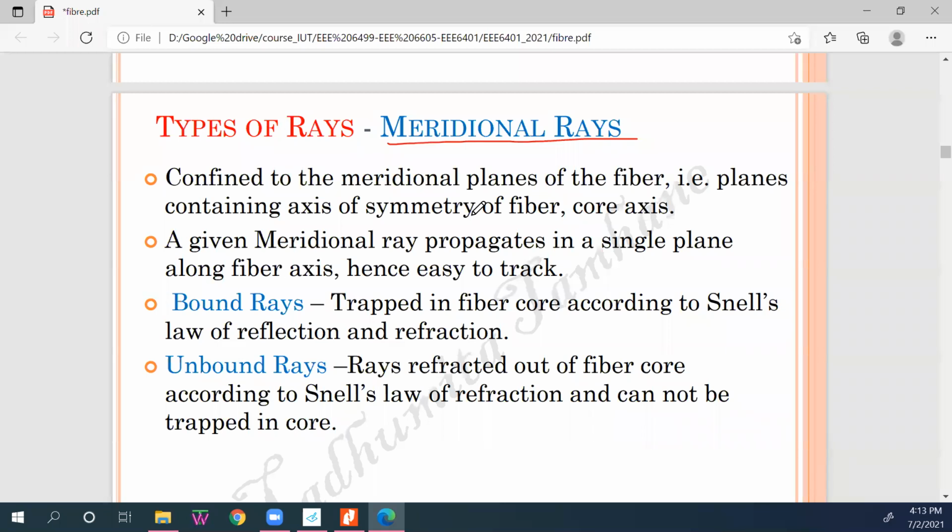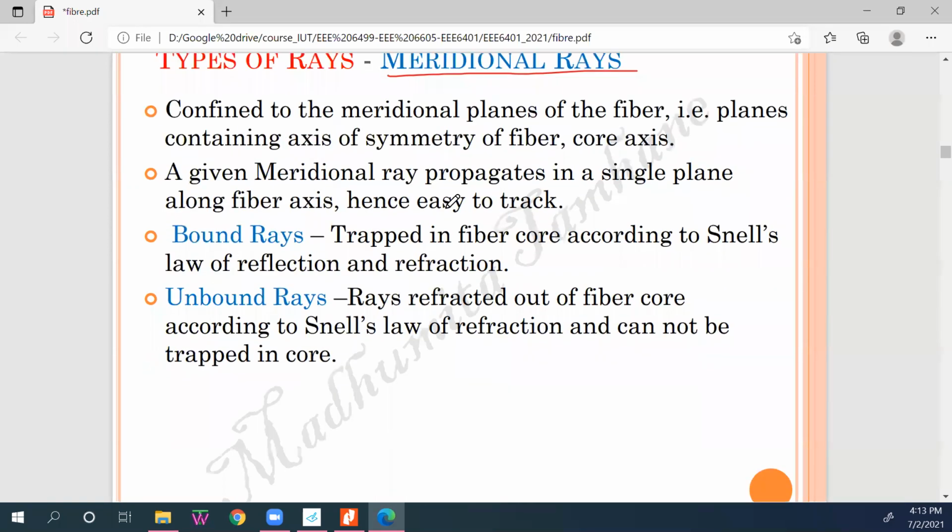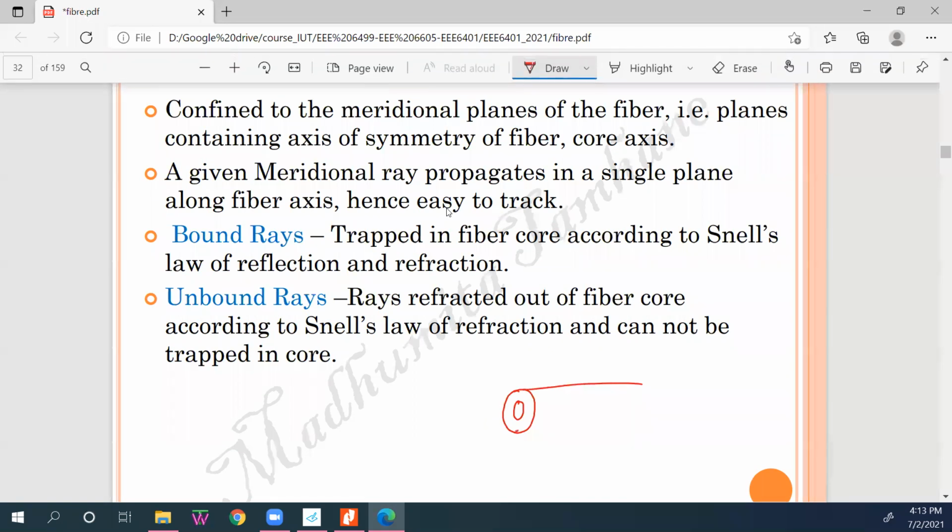So in the types of rays, there are meridional rays. What is a meridional ray? Let me draw it. A step index fiber is easier to draw, that's why I draw it. If I draw it this way, light goes in this direction, there, there, there, with total internal reflection.